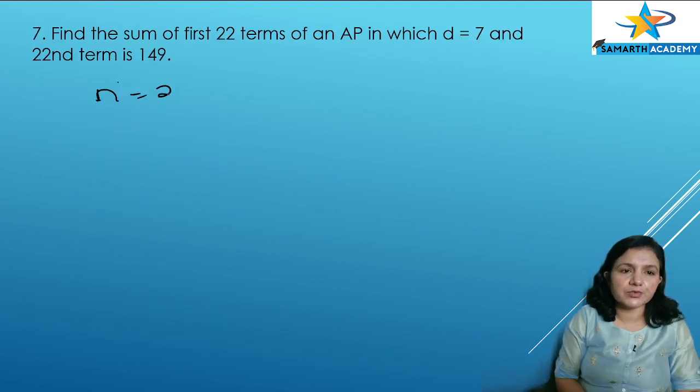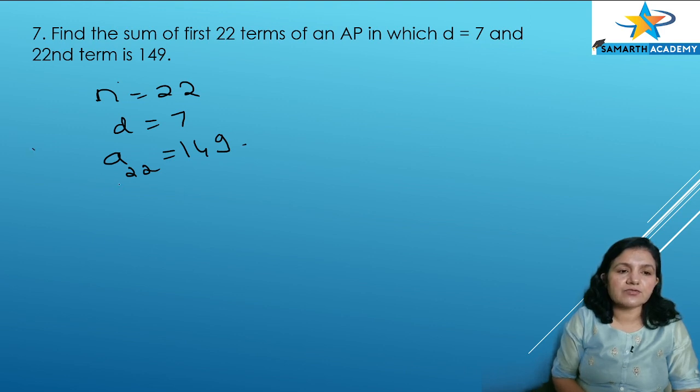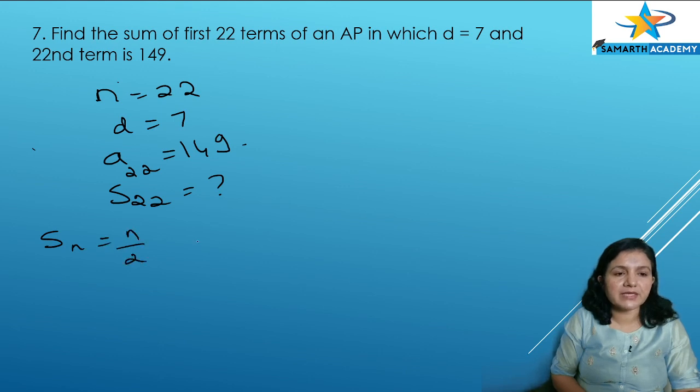Next, d is equal to 7 and the 22nd term, that is a22, is equal to 149. And what is asked? S22 is asked. Okay, so we will make use of Sn is equal to n by 2 into a plus l.